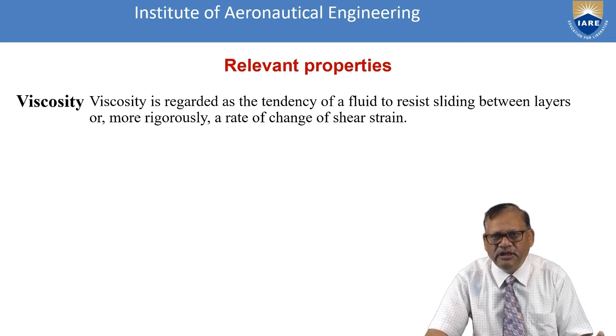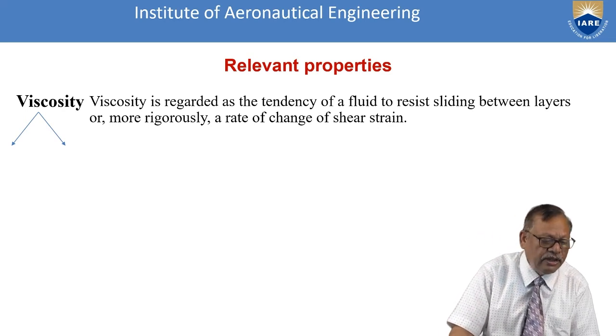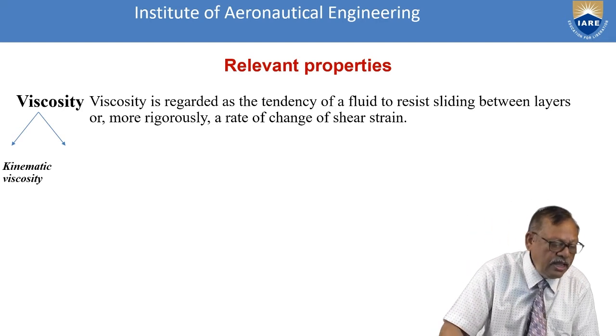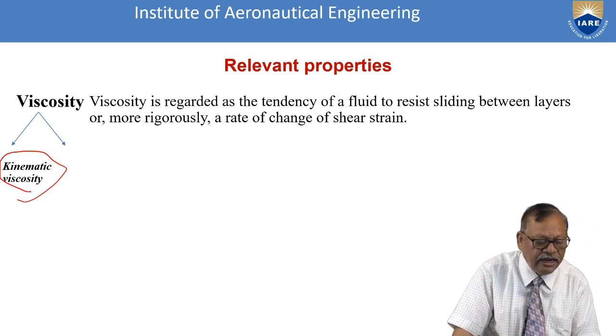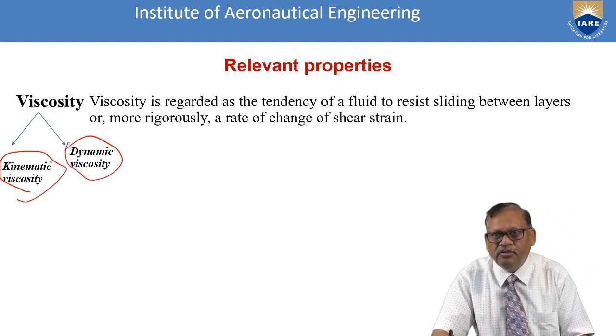So this viscosity we can divide into two parts. One is the kinematic viscosity, and obviously the other one will be the dynamic viscosity. So how can we define the dynamic viscosity?